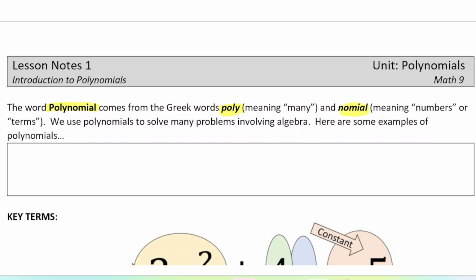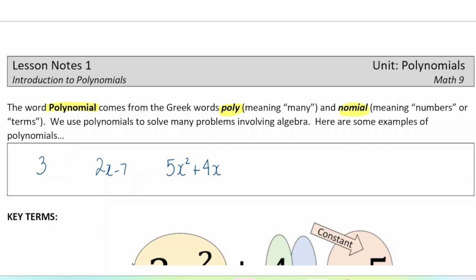Let me give you some examples of polynomials. Polynomials involve numbers, but also variables, which are just symbols that represent unknown values. An example would be 3. A number is technically a polynomial, but you could also have something more complex, like 2x minus 7, or something like 5x squared plus 4x.